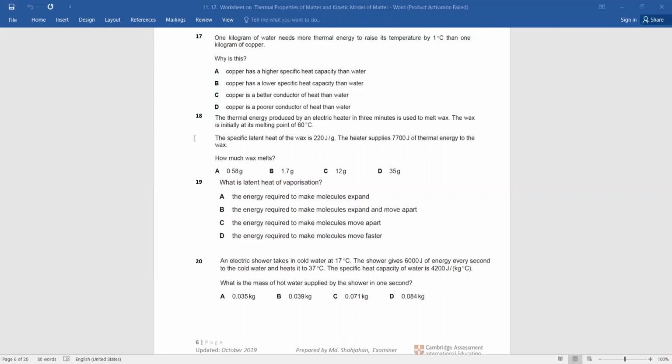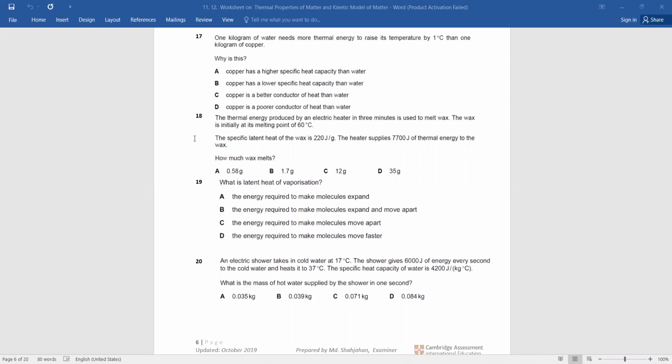So check both statements. A and C are both correct, but from the context of the question, which one is more appropriate? That one you have to choose. They are saying that to raise the temperature by 1 degree Celsius, you need more thermal energy in water.